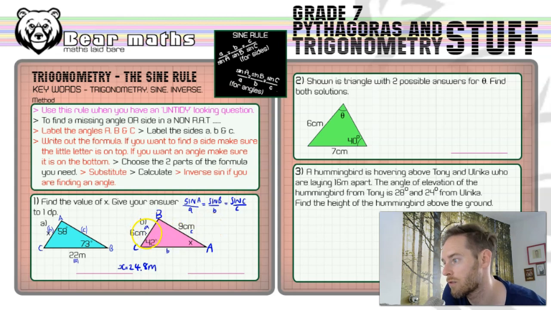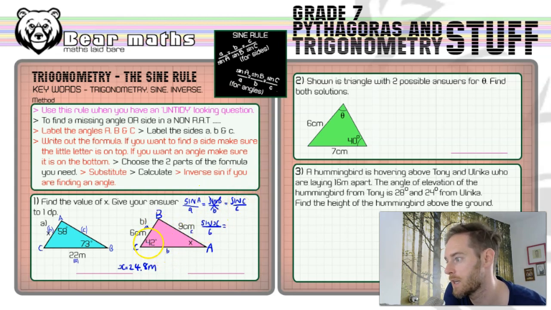Okay, so we've got the little a value, and the big A value is the thing that we're going to want to find. So we're going to work out sine of x over 6 is equal to, and then we can't use anything for B because we've got no numbers there and no side length there.